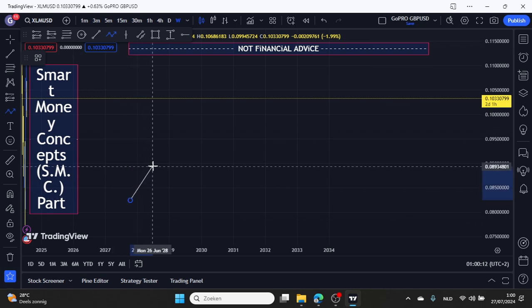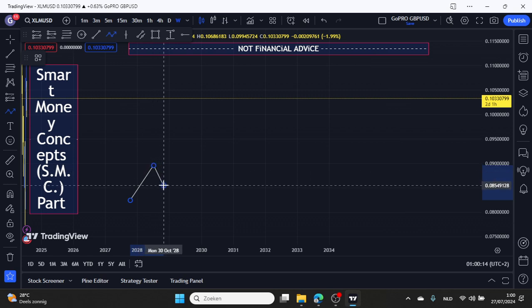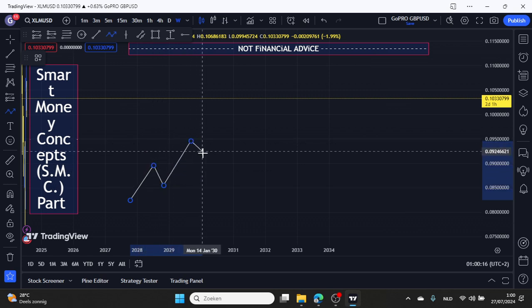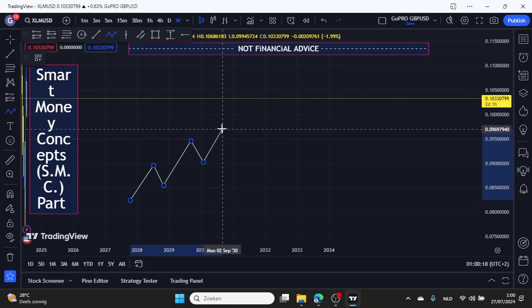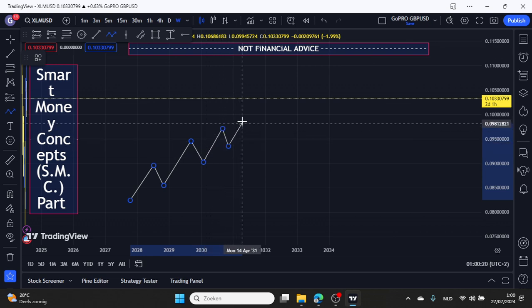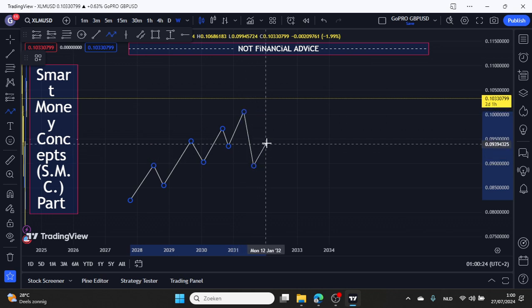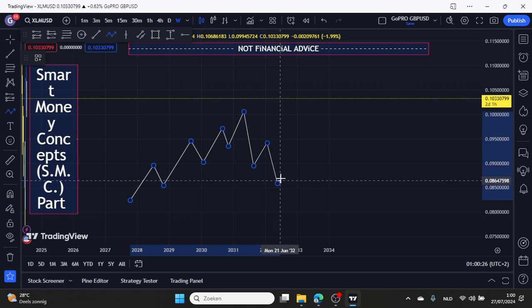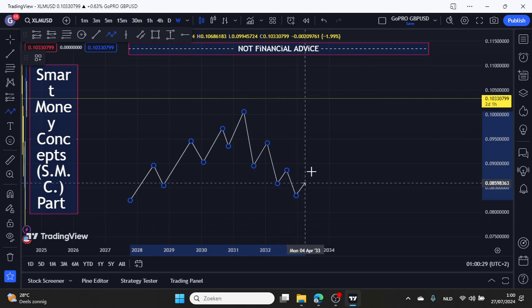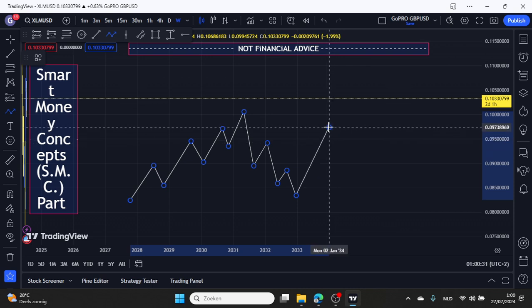As we've seen in the first video, price makes market structure. Price goes up, comes down again, goes up and breaks the low, comes down again and goes up again.